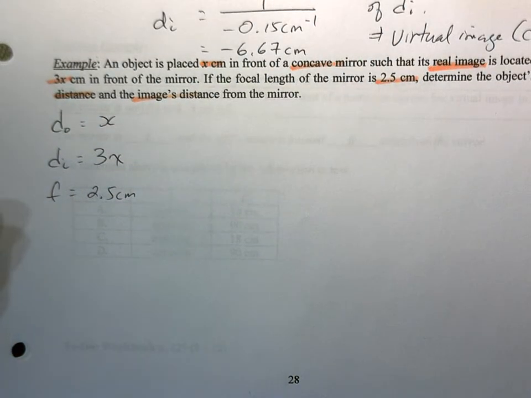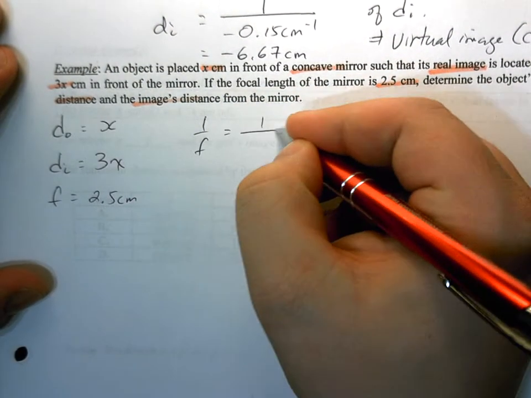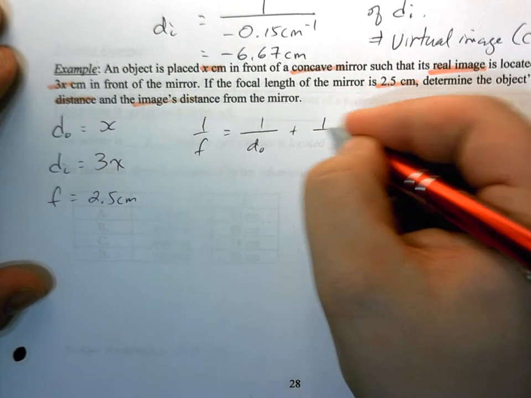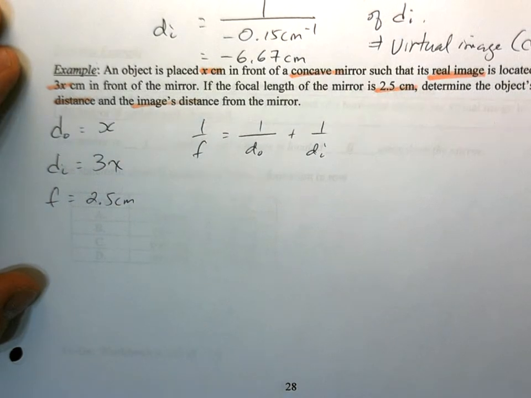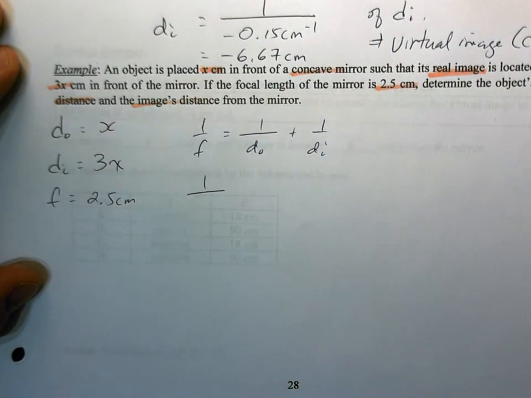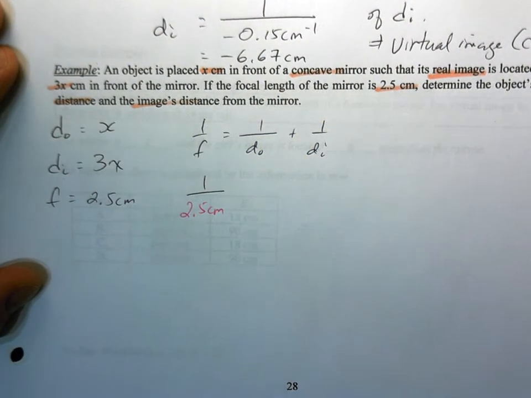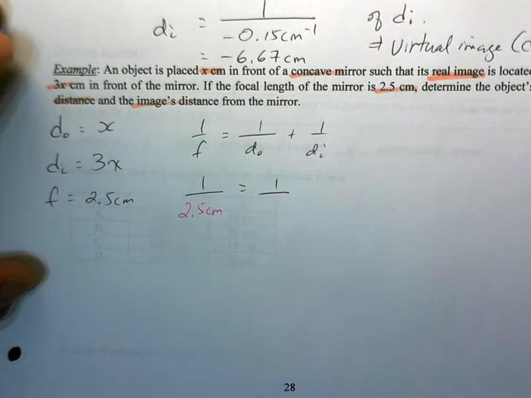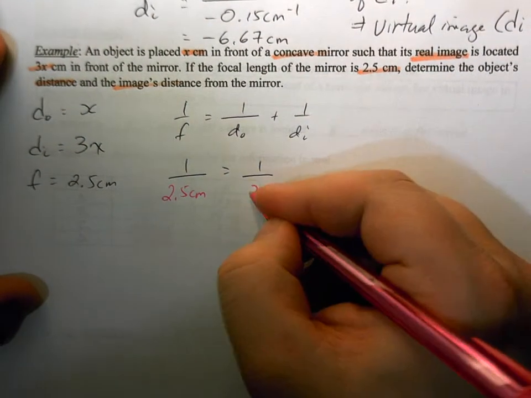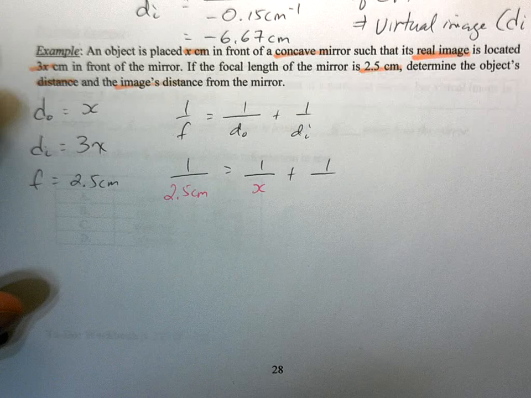So it doesn't look like we have a lot to work with, but we can still go ahead because we know that 1 over the focal length is 1 over DO plus 1 over DI. Now, we can start to sub some things in. So we know the focal length here is 2.5 centimeters. We know DO is x. We don't know anything about it. x centimeters. And we know DI is 3x centimeters.